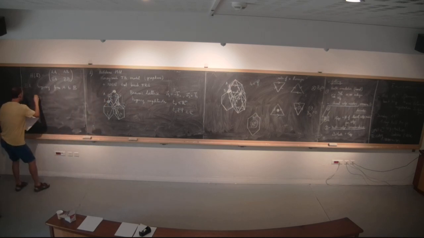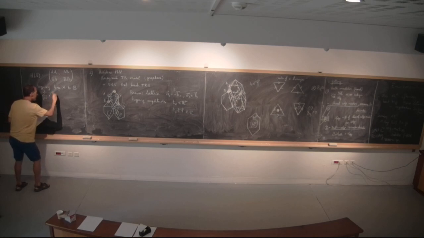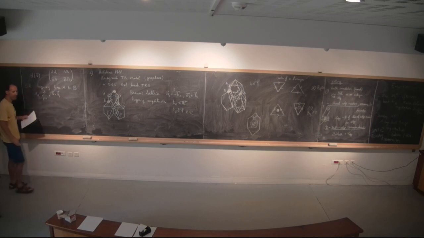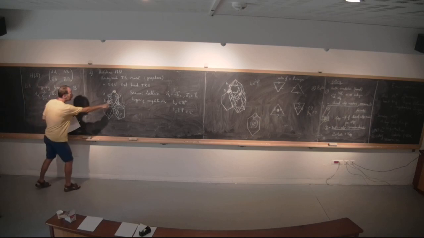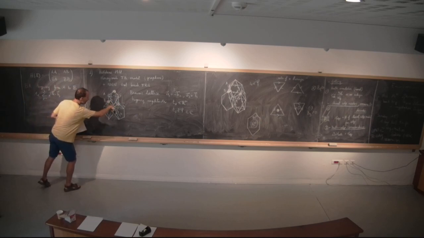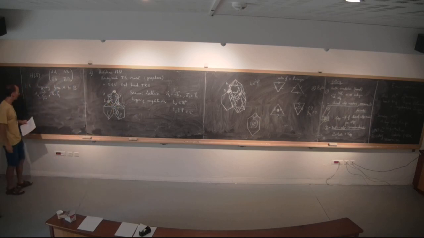So this term reads as follows. It's T1, and then I get a phase for each jump depending on the vector. So this term is the sum of 3 phases depending on the 3 first nearest neighbor vectors.